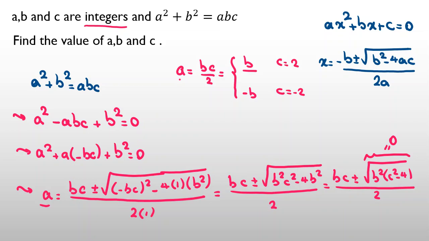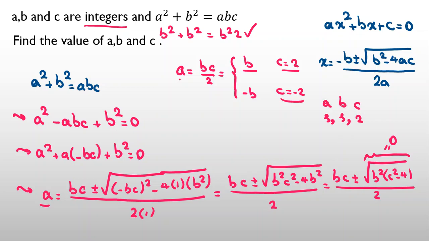First, c equals 2. Then a equals b. So a squared plus b squared is 2b squared, and abc is b times b times 2, which is 2b squared. It's okay, so that is one answer: a and b are the same number, and c is 2.